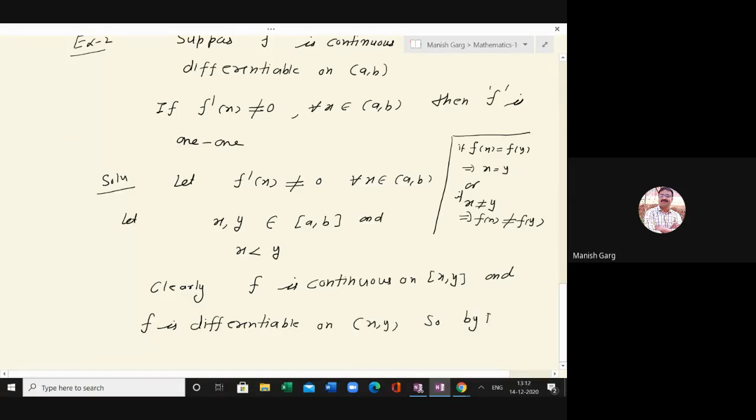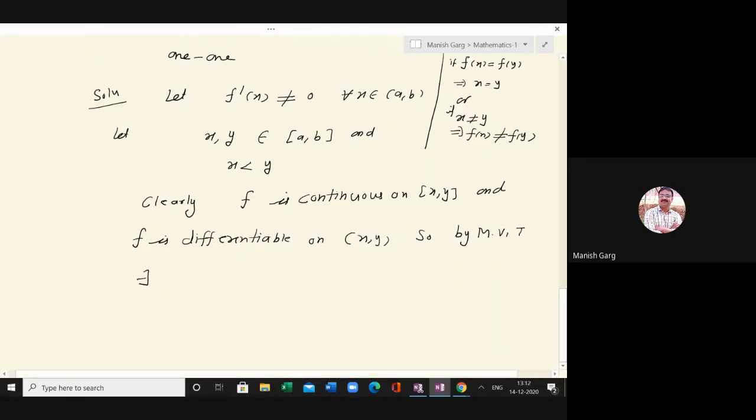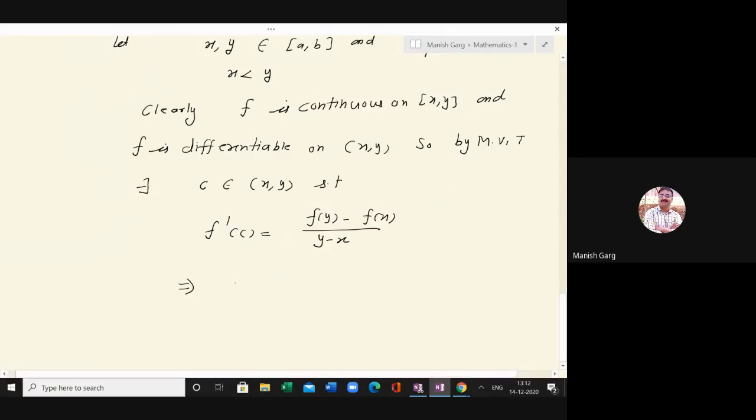So by the mean value theorem there exists c between x and y such that f dash c is f(y) minus f(x) over y minus x. So here you can write f(y) minus f(x) is f dash c into y minus x. Call this equation 1.